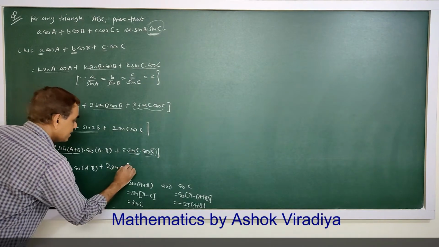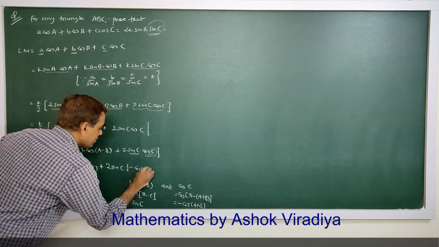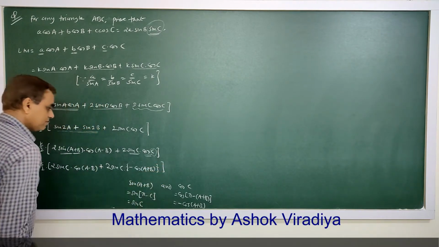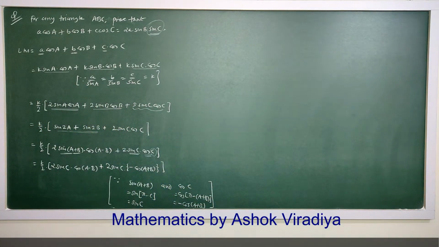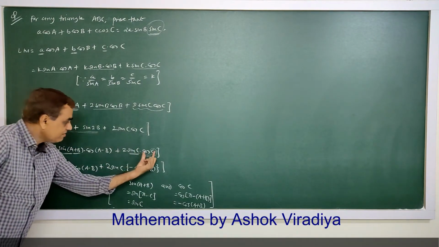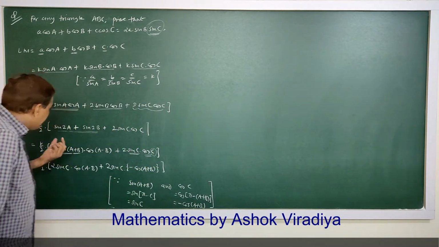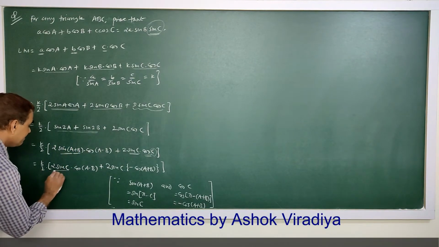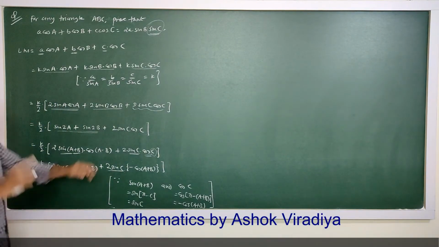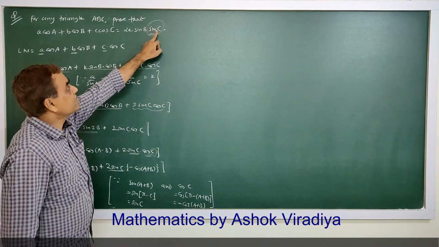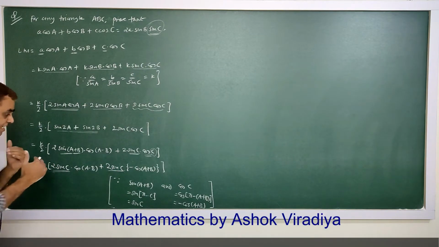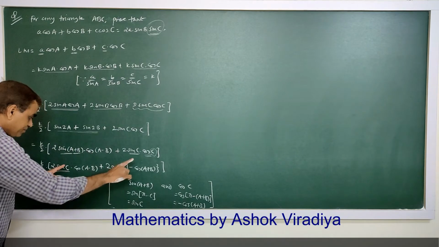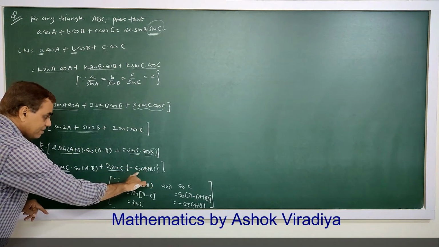So for cos C, I put its value, it is minus cos of A plus B. This is the reason for this last expression: this term we are converting in terms of C, and this term we convert in terms of A plus B. Because when we convert this in terms of C, sin C will be common, and we need only one time C. Besides sin C, nowhere is C given, so after taking sin C common, we don't need any term in terms of C. That's why this term we have converted in A and B.